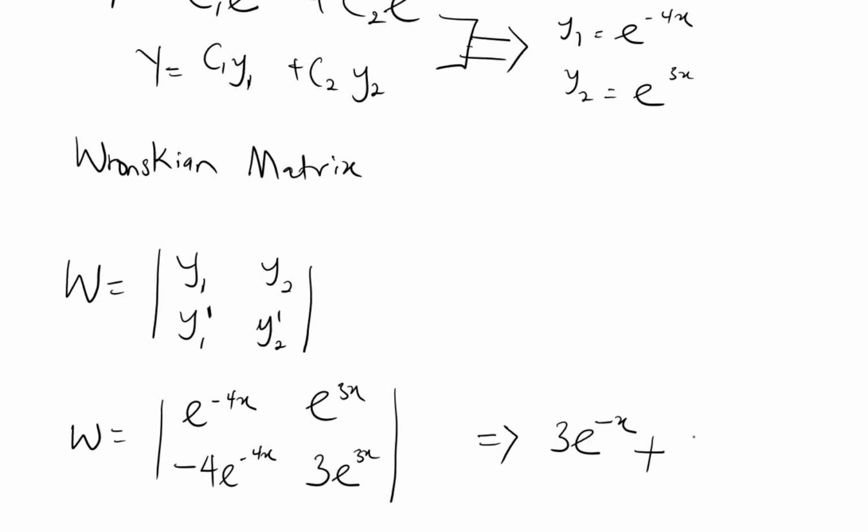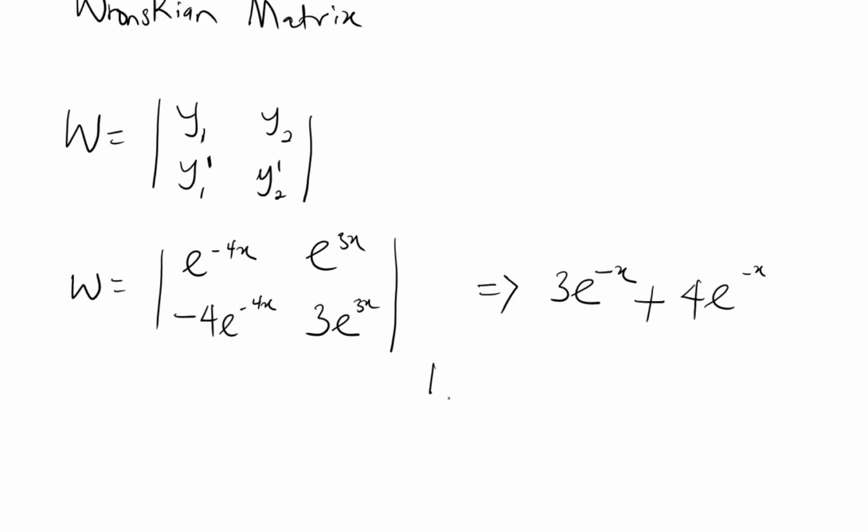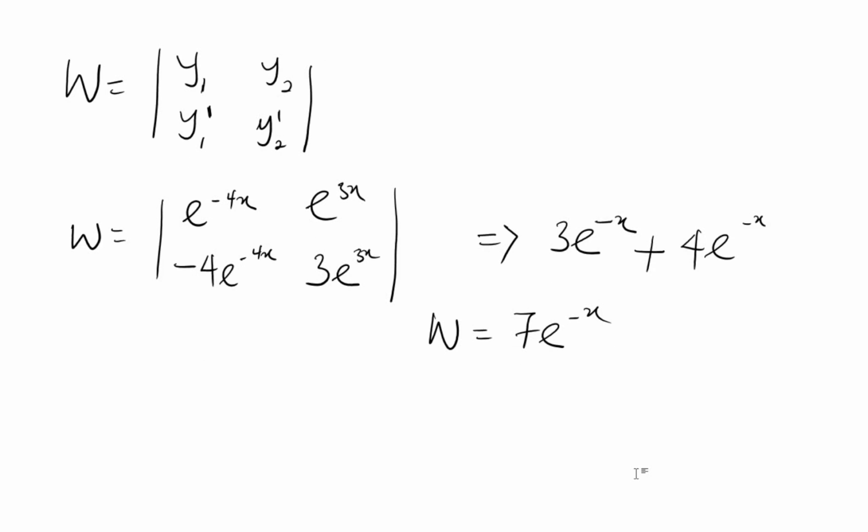Minus times minus will give me plus 4 exponential of minus x, because exponential of minus 4x multiplied by exponential 3x is the same as exponential of minus 4x plus 3x, which gives exponential of minus x, because minus 4 plus 3 is minus 1. We all know this stuff. So all in all, my Wronskian is 7 exponential minus x. This is for the first part.